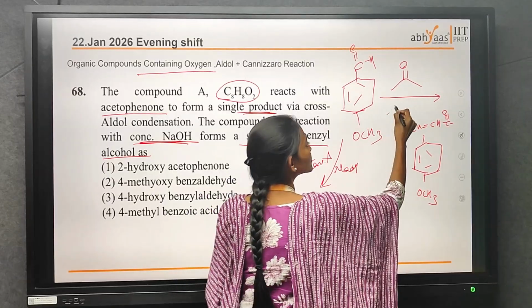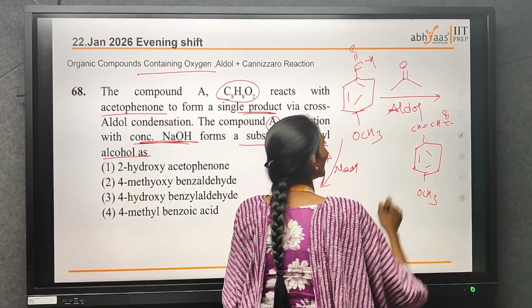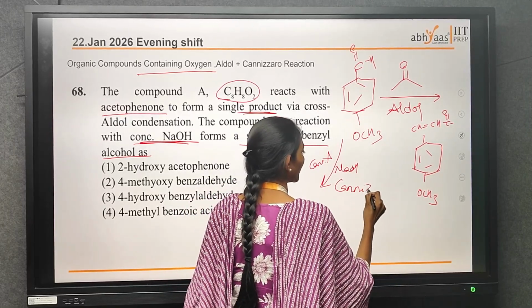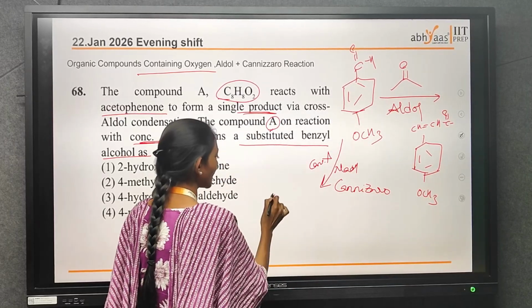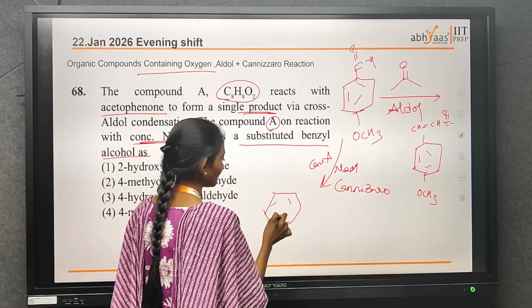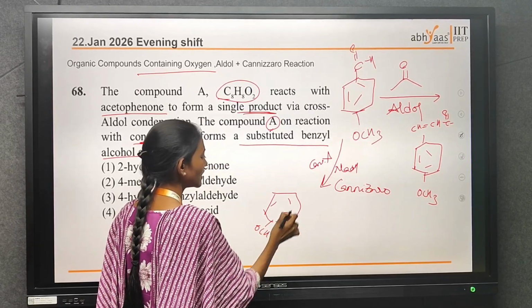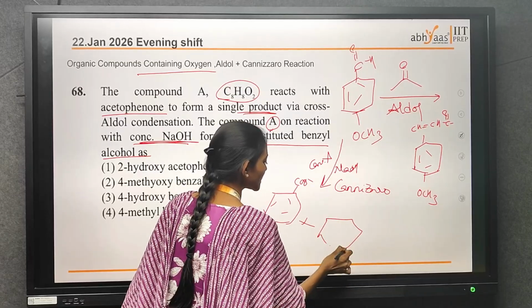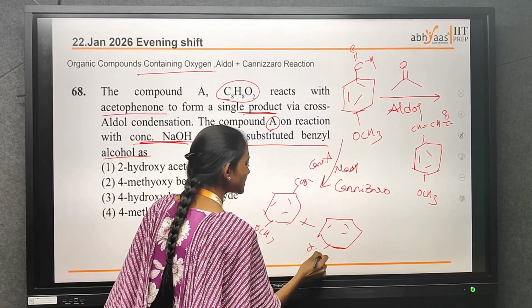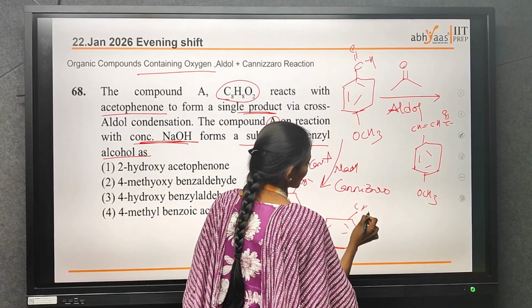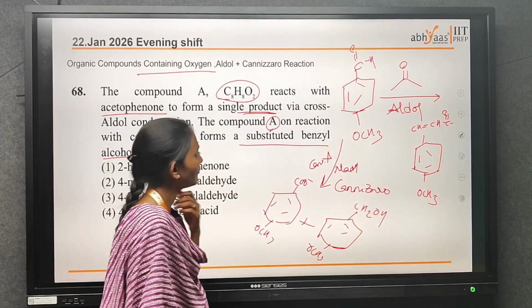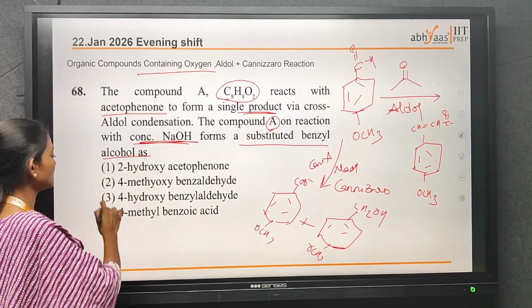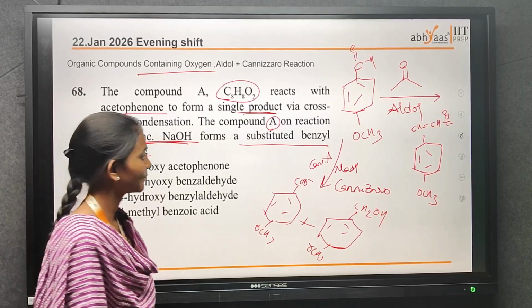Then this is considered an aldol reaction and this is the Cannizzaro reaction. Here, benzaldehyde needs to come. OCH3 and CO minus plus benzaldehyde, OCH3. So therefore the option will be here itself, 4-hydroxybenzaldehyde. Right? Simple question.